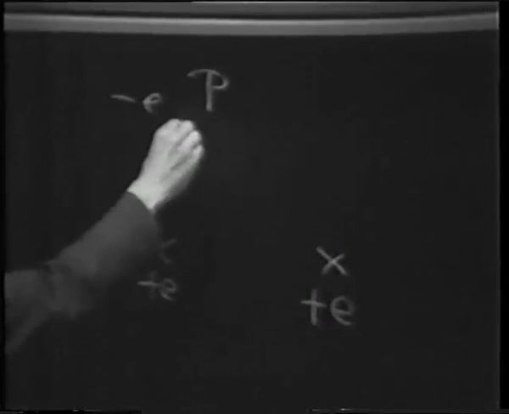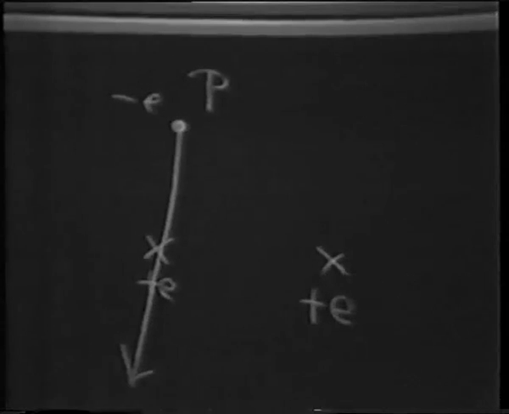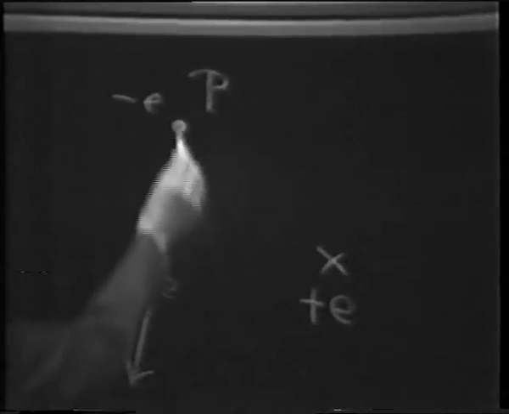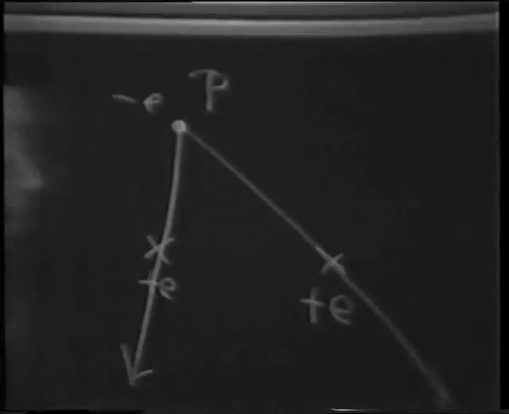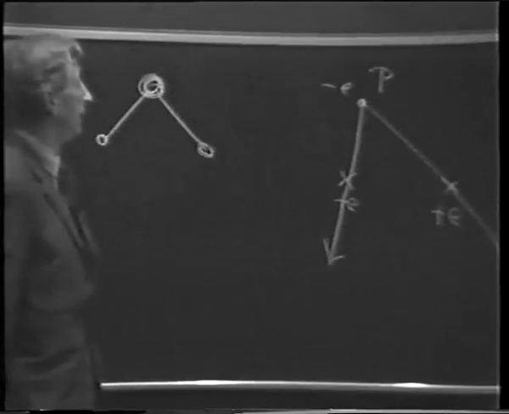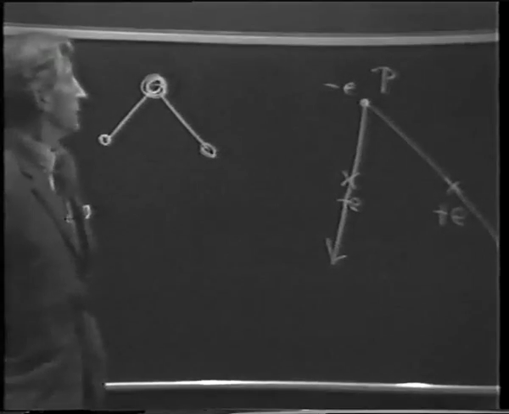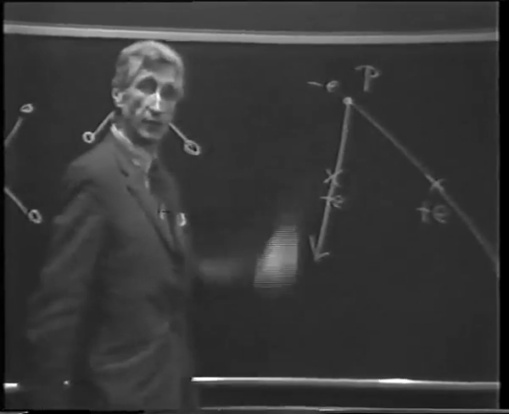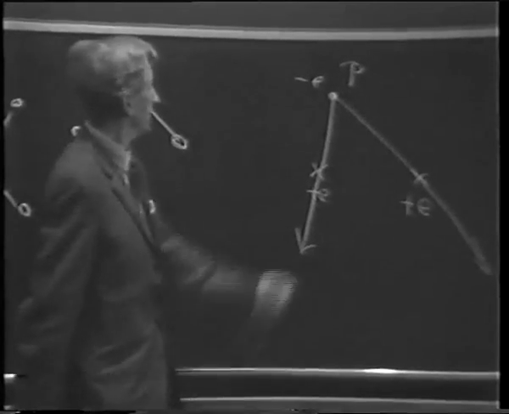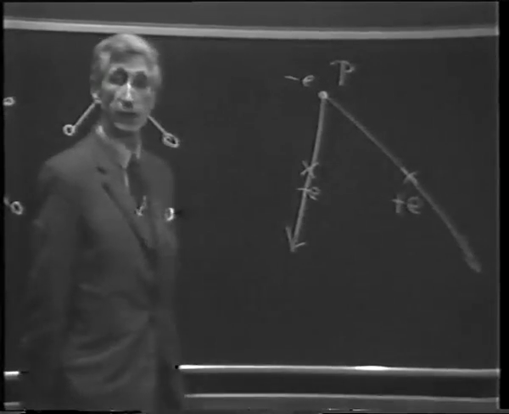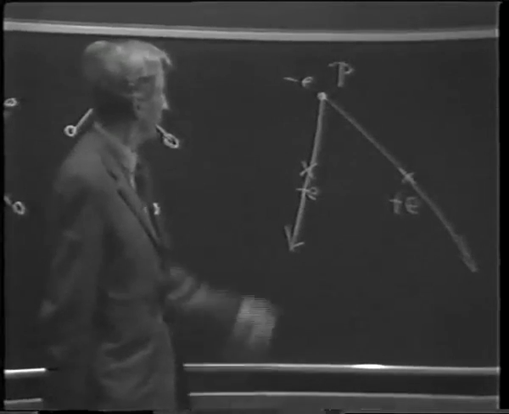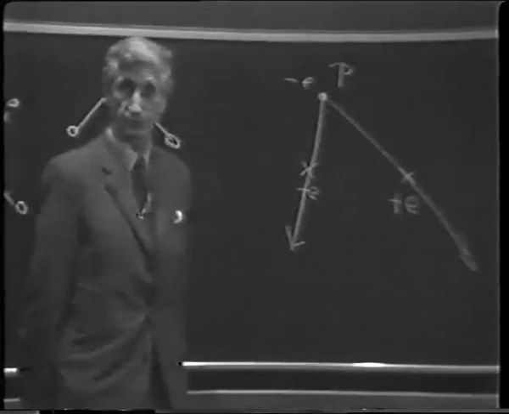That electron is being attracted to this nucleus with a force along that line. It's being attracted to this nucleus with a force along that line. And the net force on it is the combination of those two. Now, quite obviously, the combination of those two will normally be bigger than either of them alone.